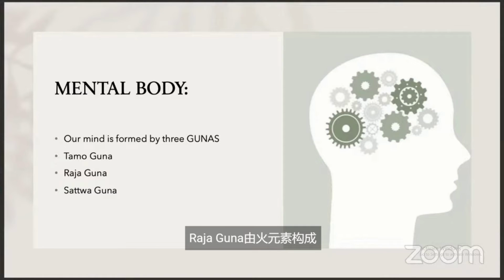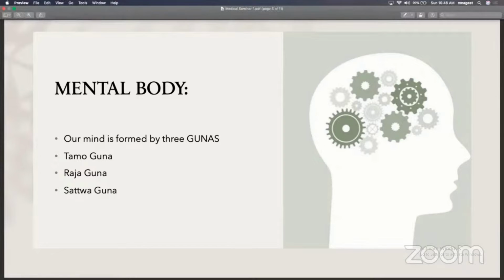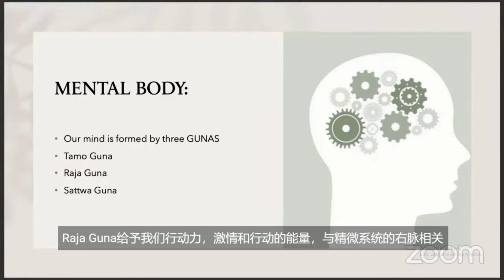Rajo guna, which is made up of fire element, gives us action, enthusiasm, and energy to act on the mental level. On the subtle level, it is related with the right channel.